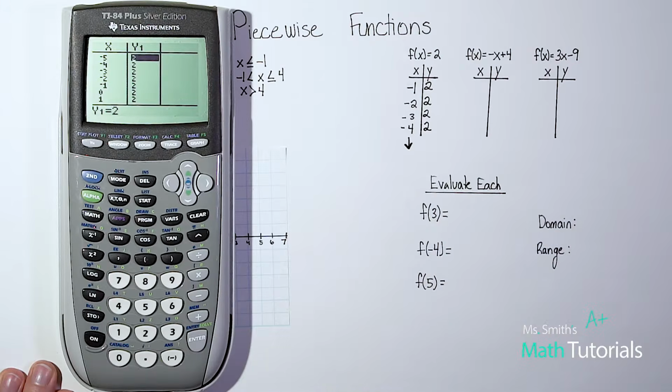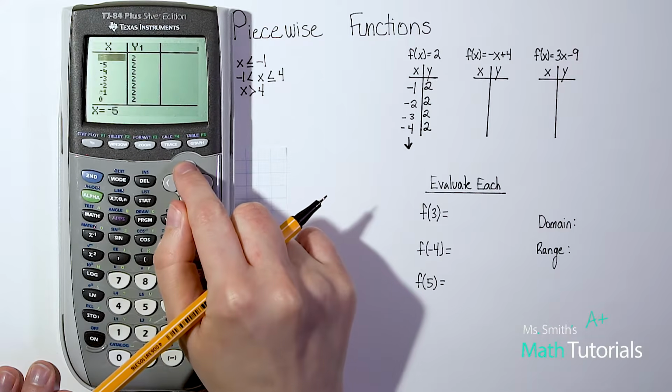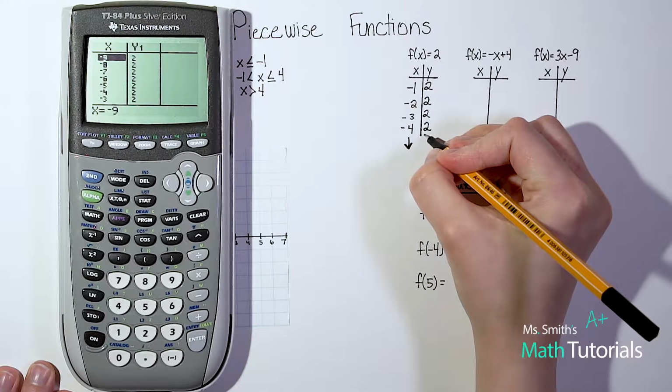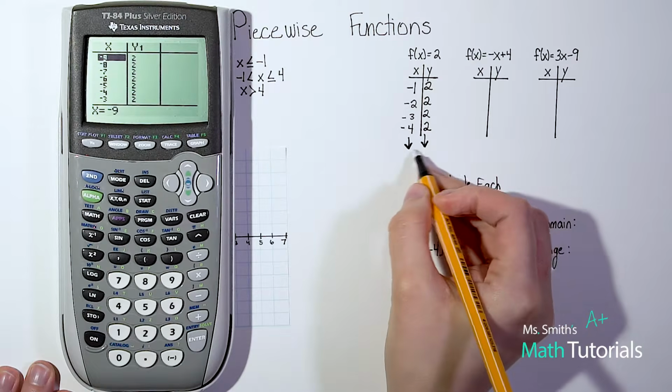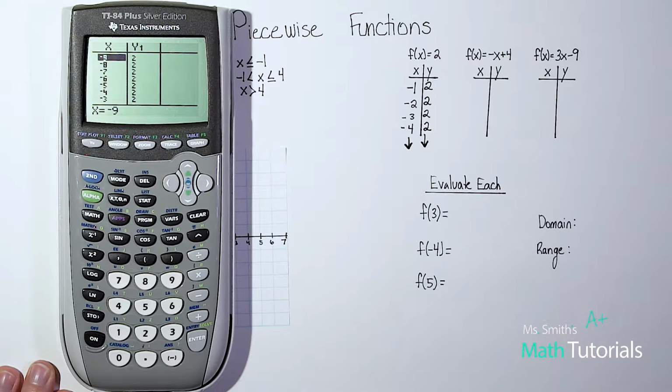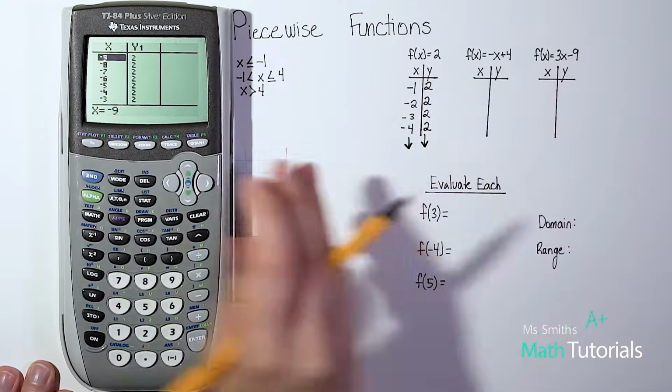Which should also be another red flag that we're probably looking at a horizontal line. But maybe we still haven't figured that out yet, and that's okay. So it would be 2, and notice that 2 keeps continuing, right? So the 2 also goes down and beyond. We show arrows because it's going to end up being an arrow on our graph as well.